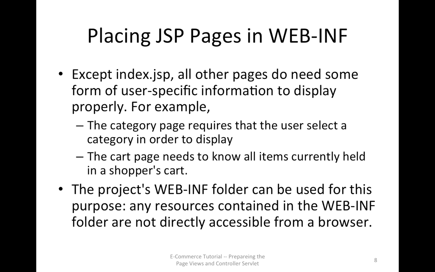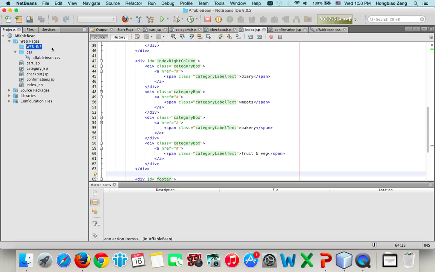Any resources contained in the WEB-INF folder are not directly accessible from the browser. This tells us that we should move cart.jsp, category.jsp, checkout.jsp, confirmation.jsp, all those 4 pages, into the WEB-INF folder.